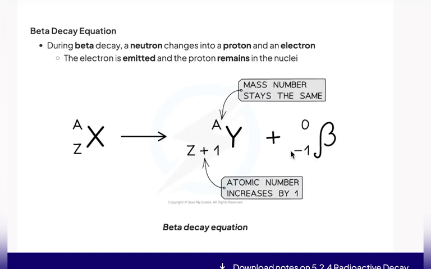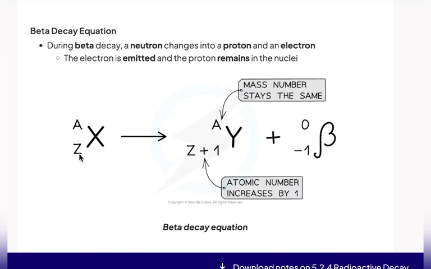Okay, here they're explaining the beta decay. I've already explained the beta decay. In the case of beta decay, because this one is -1 here, you're going to add it to the z. Because when this -1 is moved to this side, it's going to be +1. So in order for them to balance, you must put plus here, because z plus 1 minus 1 will be equivalent to z.